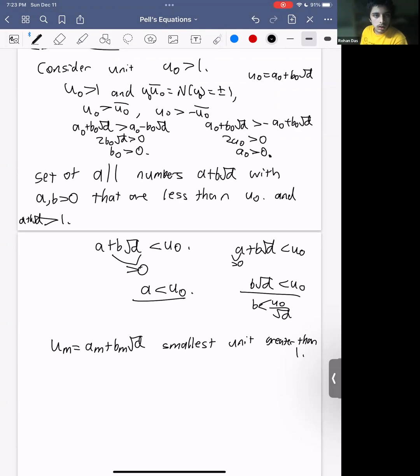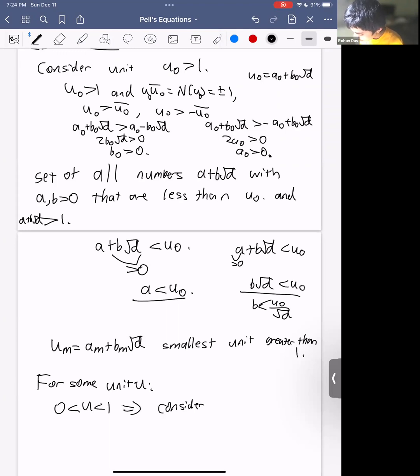So from here, all that's left is to show that all the units are powers of this. And if there's a unit that is less than 1 but greater than 0, we instead consider 1 over u, which we know is also going to be a unit.